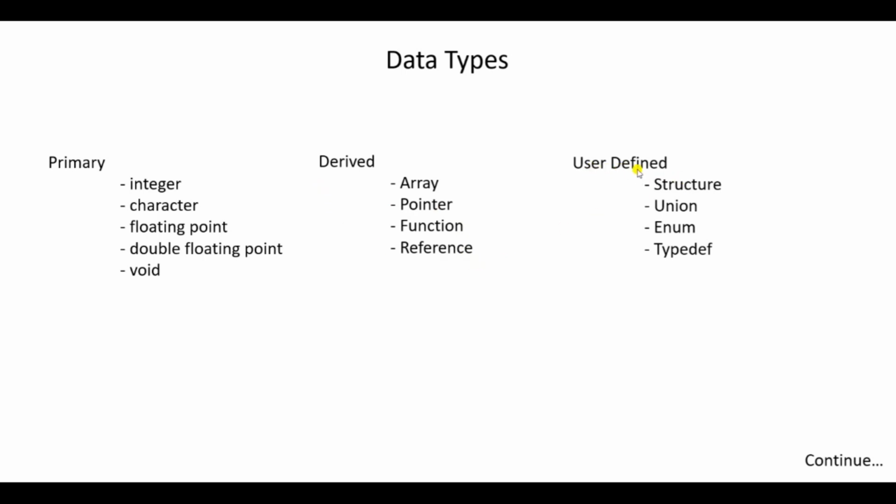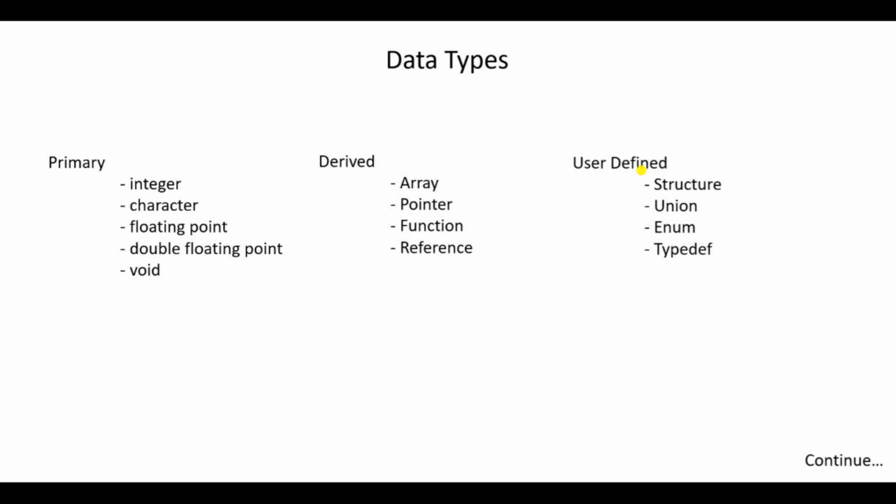Now the third category is user defined data types. In that, the first one is structure. Structure is very similar to your array. The only difference is that in an array we can store only same type elements.